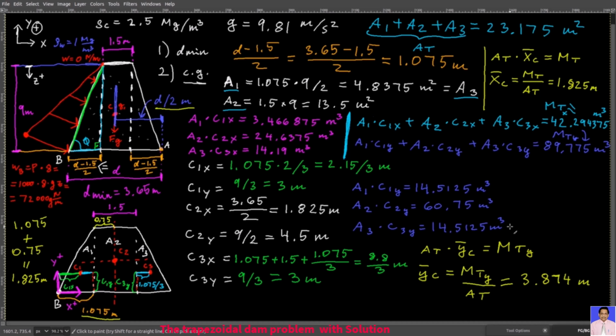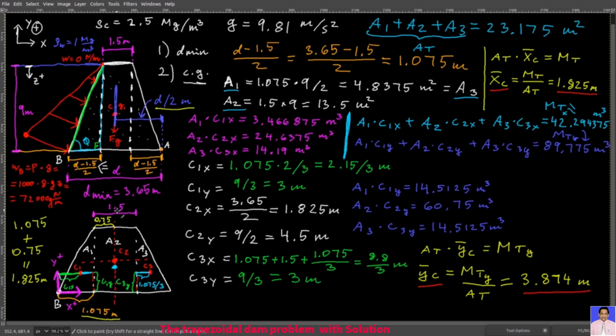And there you go. The general centroid of the entire trapezoidal cross-section measured from point B is the following. X bar C is this one here, and Y bar C is this one here. So the total combined centroid is somewhere here.